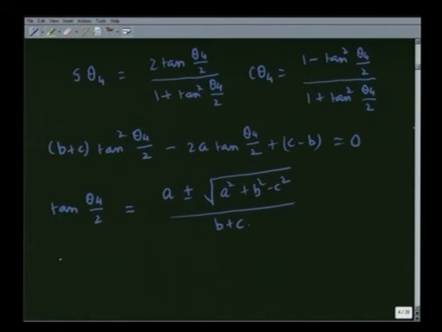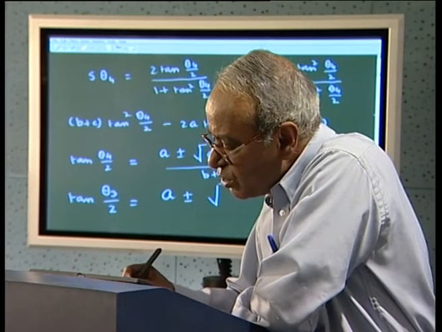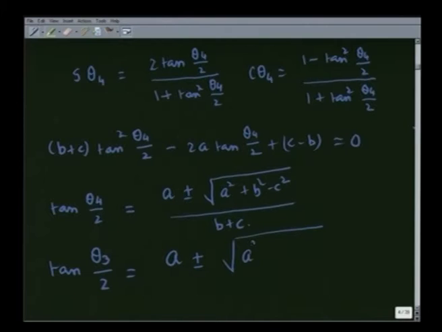So, following exactly a similar method to eliminate theta 4, we can get theta 3, a very similar equation: tan theta 3 by 2 will be equal to a plus minus square root of a square plus b squared minus c prime squared divided by b plus c prime.